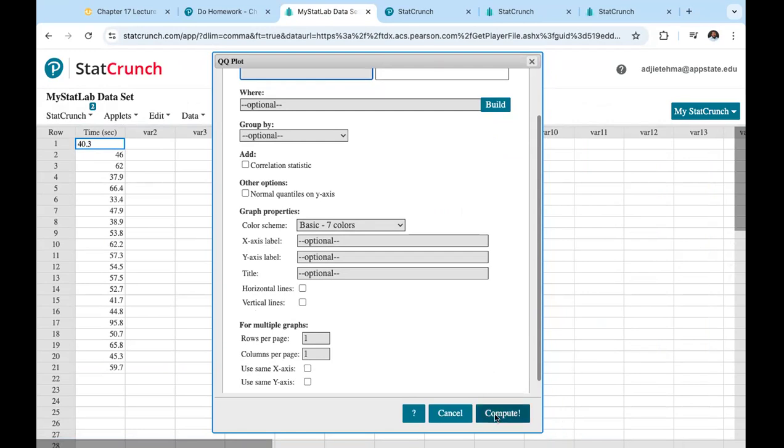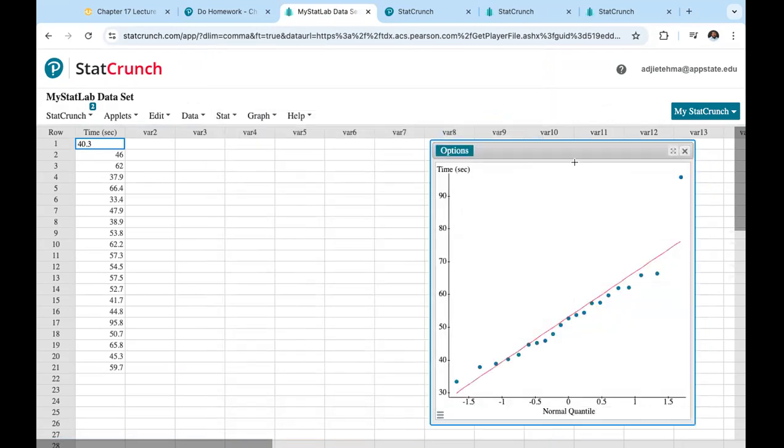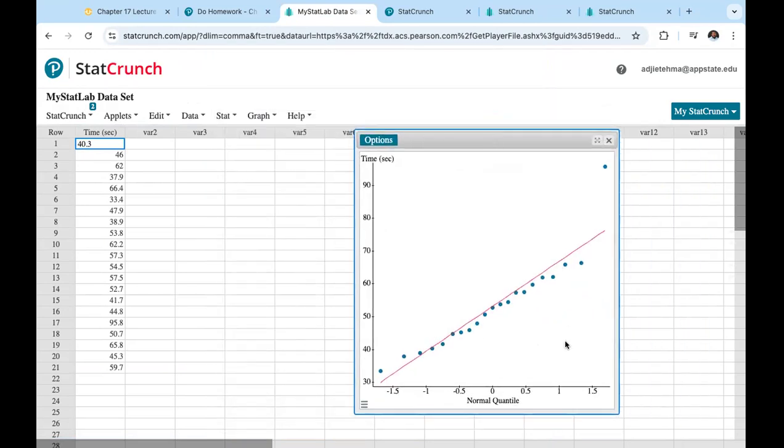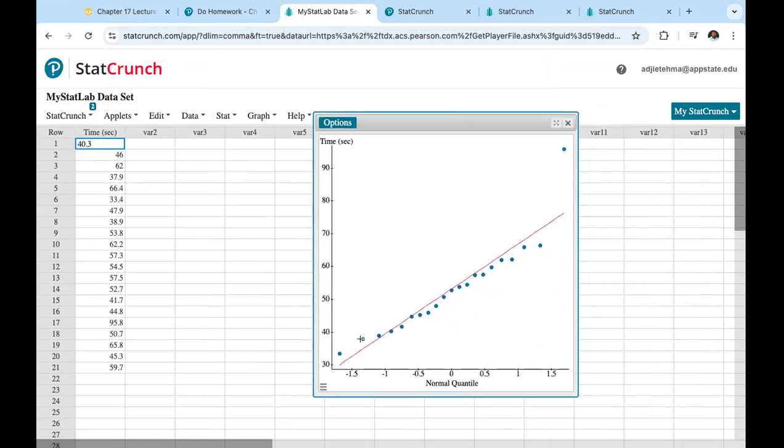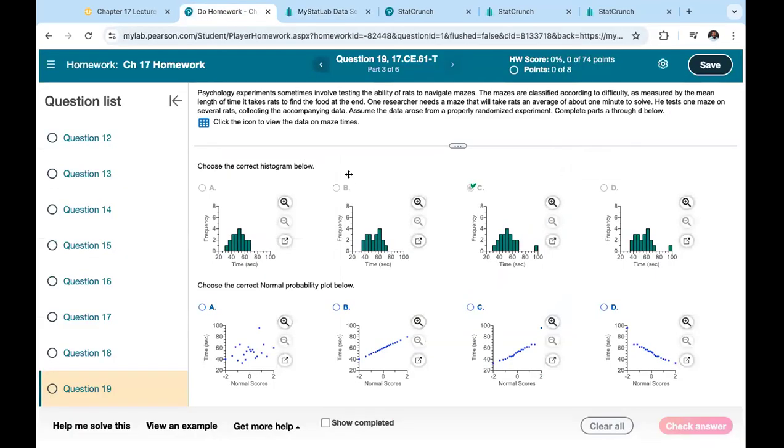And then we hit compute. So when you look at the QQ plot, you can see it's a fairly straight line, except I can see one outlier here. Based on my data, I could see there is one outlier here. Okay? So you just need to choose that. So in my case, I think the right answer should be C.